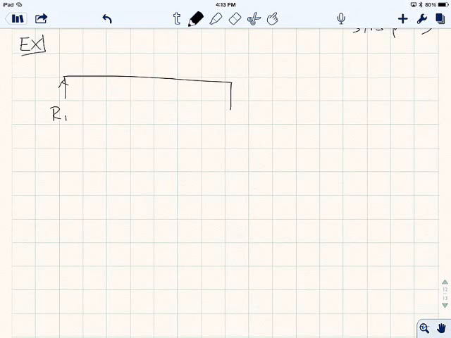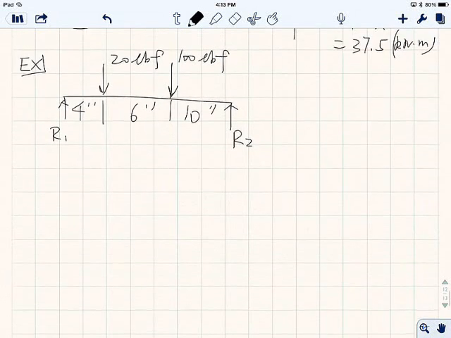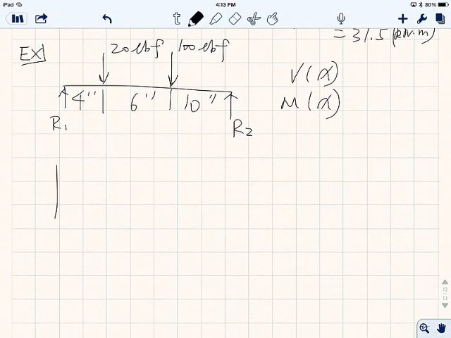Okay, so you have R1 and R2. And this time we'll use English units. You have 4 inches, then 6 inches, then 10 inches, drawn to scale. And I ask you to do the free body diagram and look for the moment and shear force. First of all, we need to solve for the unknowns.